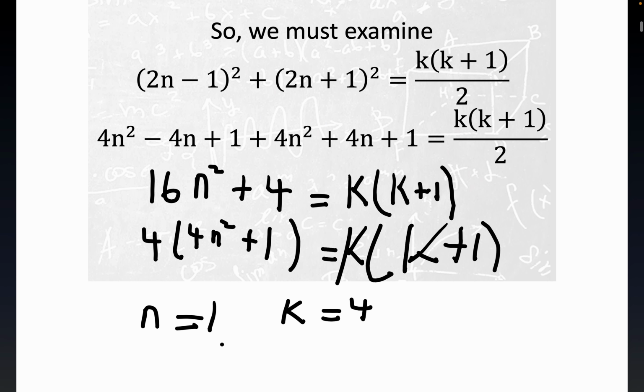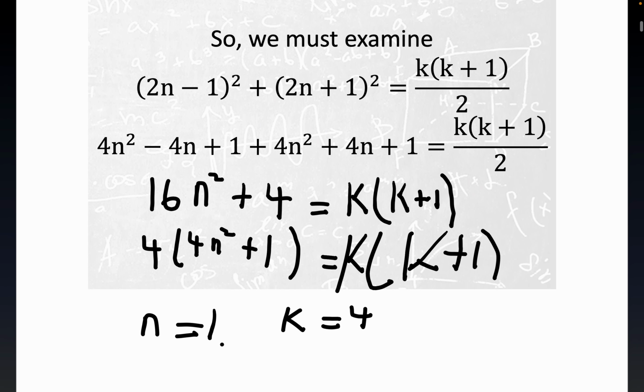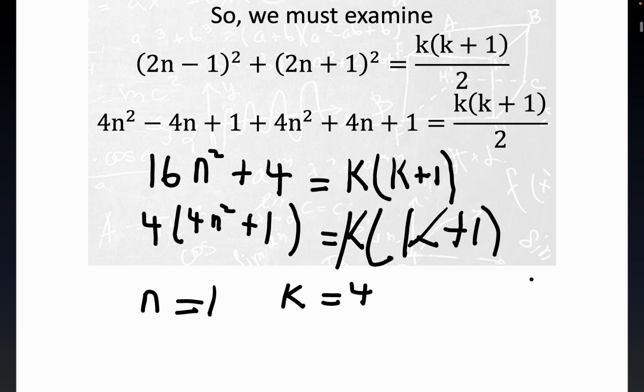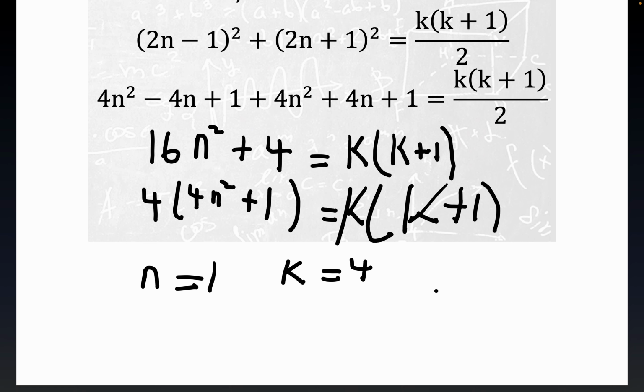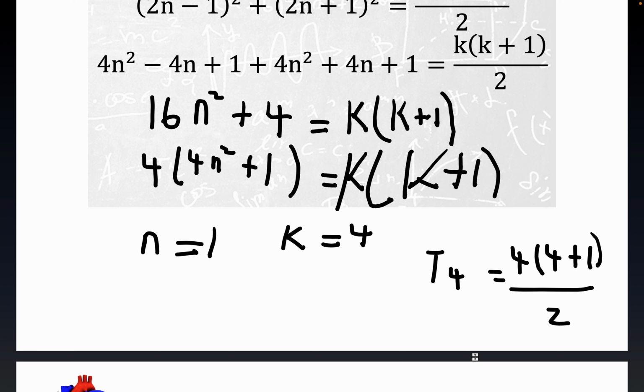So we got k equals 4 right here, so the only triangular number would be t sub 4 equals 4 times 4 plus 1 over 2, which is 10. Let me just write it on this side, equal to 10.